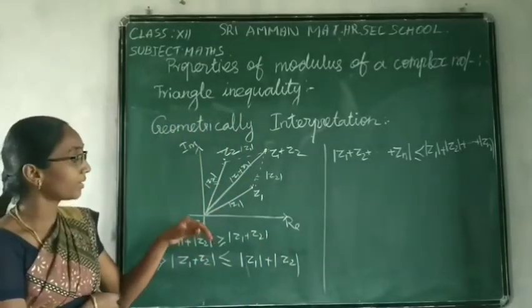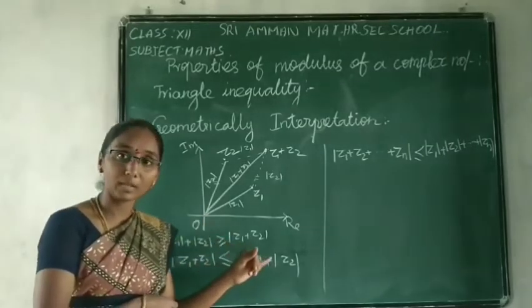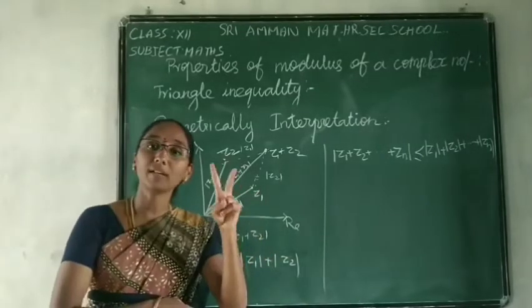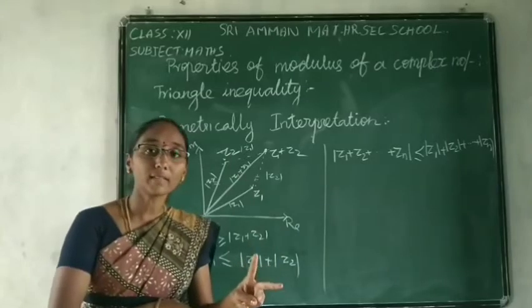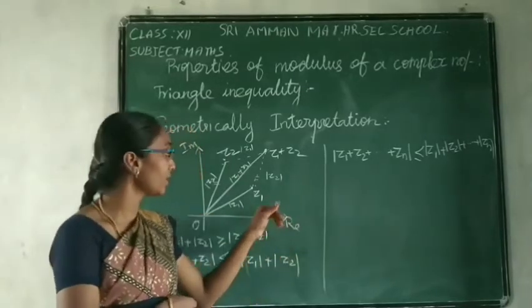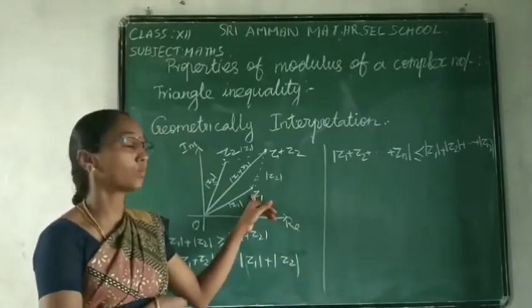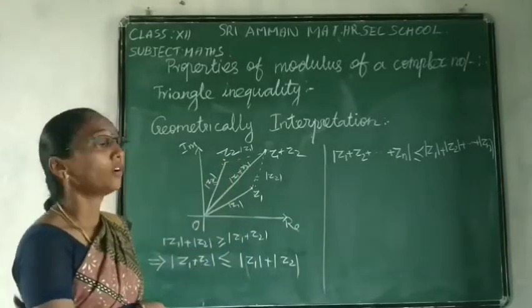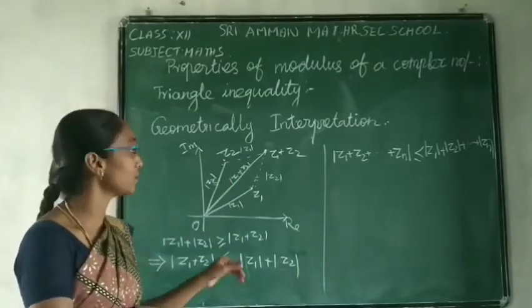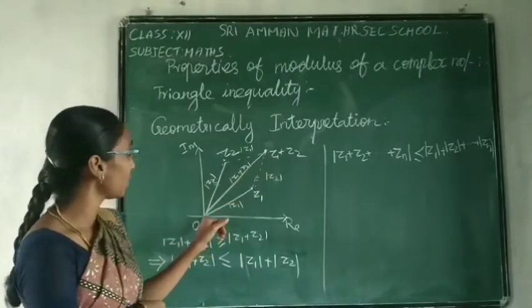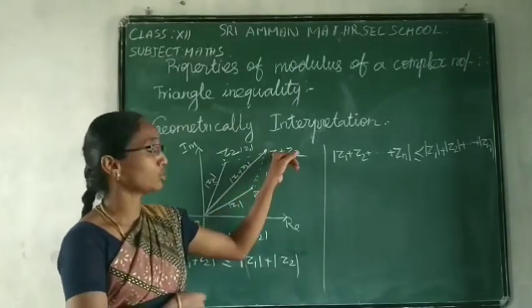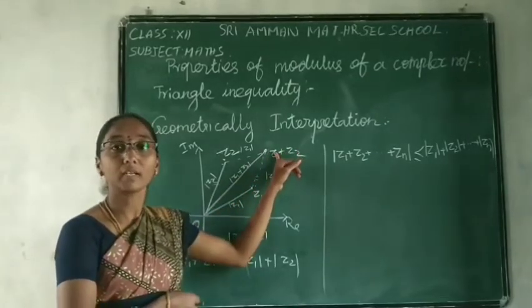Okay. Here consider one Argand plane. In this Argand plane we consider two complex numbers. That one is Z1. I denote this point as Z1. This point is Z2. We get the value of Z1 plus Z2 in this position. So Z2 is in this position, and Z1 plus Z2 we get in this part.